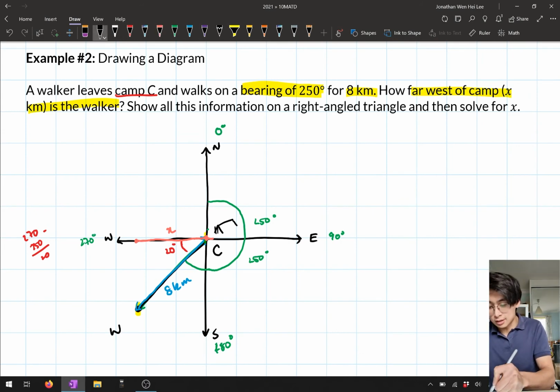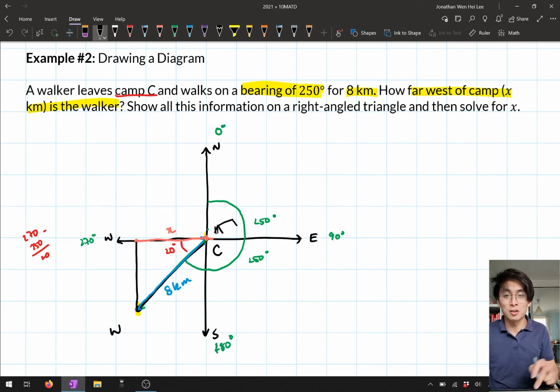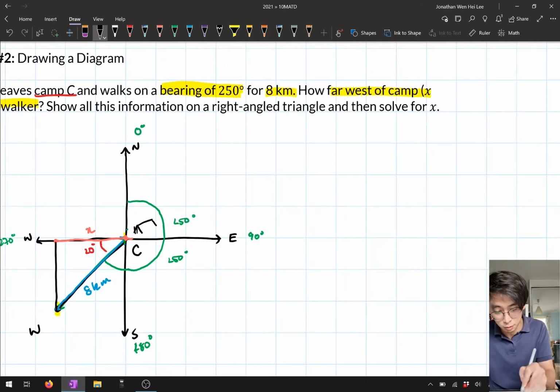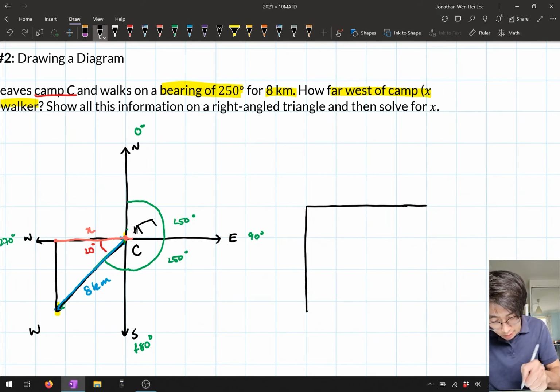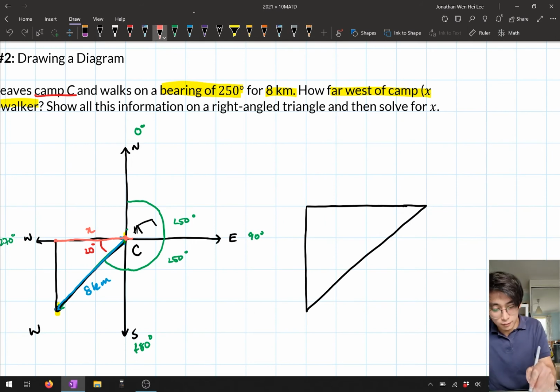Now, if you have a look at this diagram, if I join these points up, we can form a right-angled triangle. I'm going to draw it, and it would look something like this. I've got this length x on the top part, and we want to find this length x. We know that from the walker to the camp back in the center is 8 kilometers, so this length is 8.